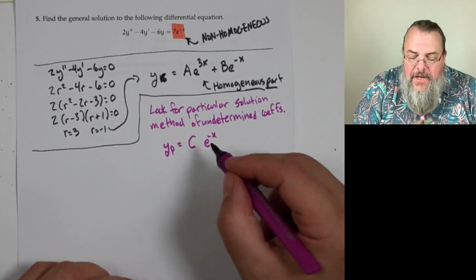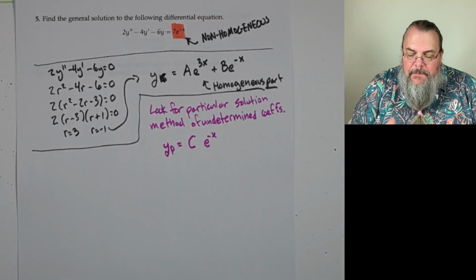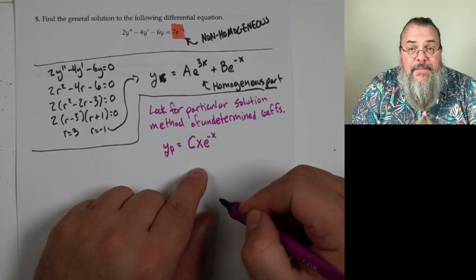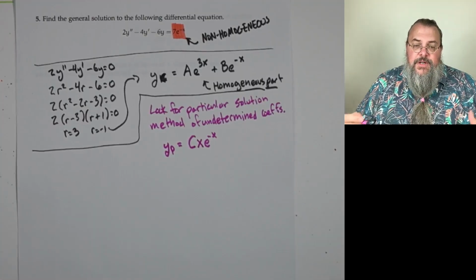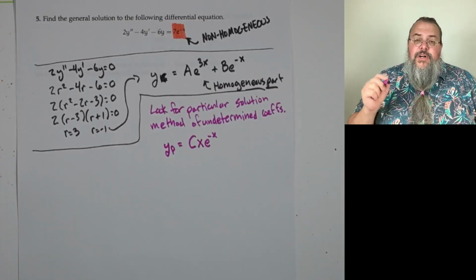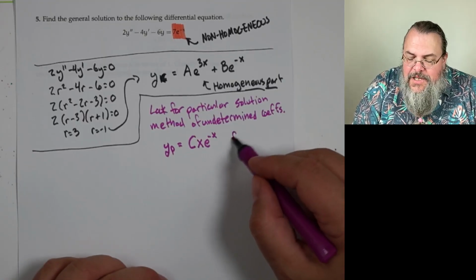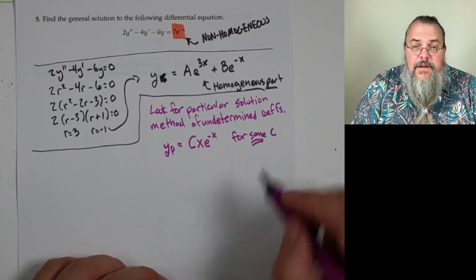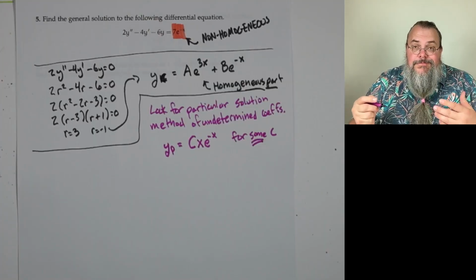Well, you've got to bump it up, adding in a high enough power. The good news is there was only one term, so we only have to bump up the one term. So our particular solution looks like this for some c. Not for arbitrary c, but for some particular c. So the question is, which c?